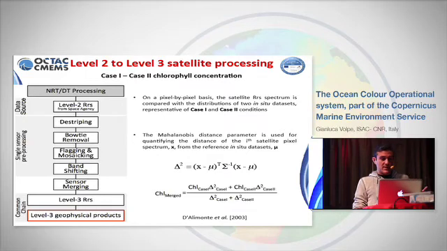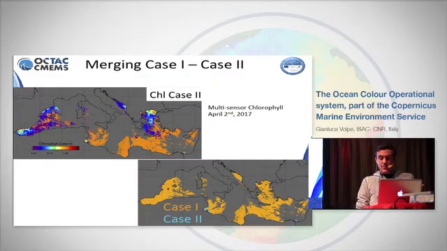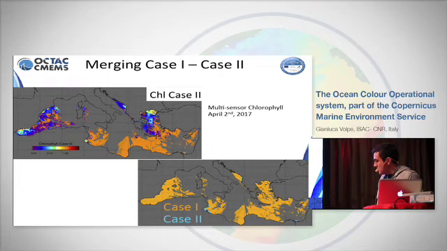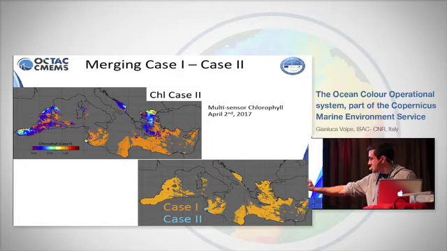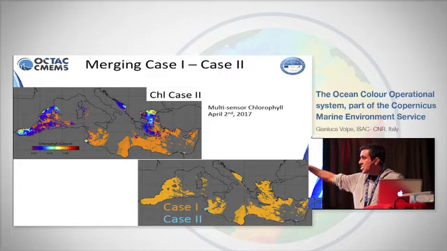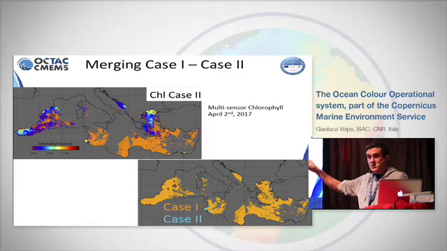In 2003. So as an example, we see here that the Mediterranean is quite blue. So all the case 1 pixels are shown in orange and the case 2 in blue, and we can see that it only has to do with some single spots close to the coast. This is the satellite image that we get when we apply the case 2 algorithm.